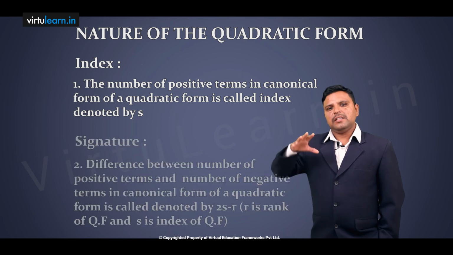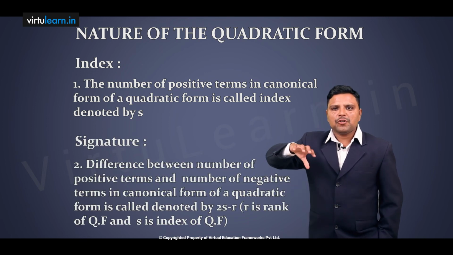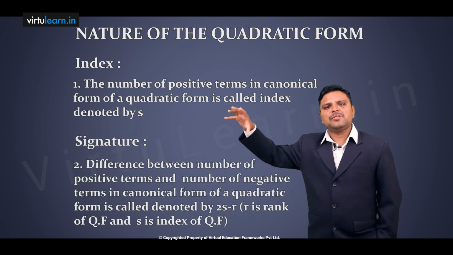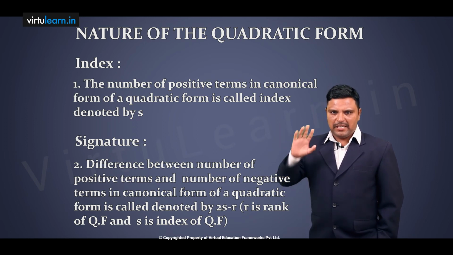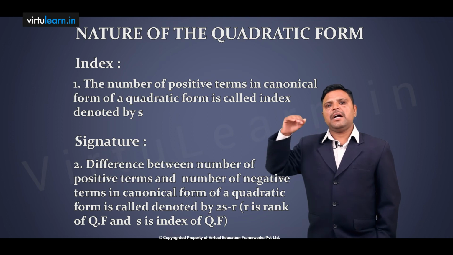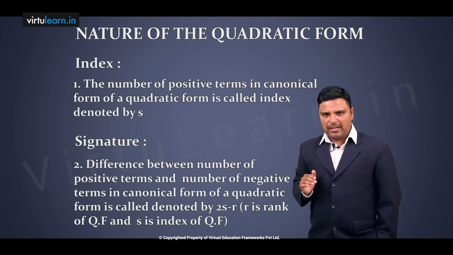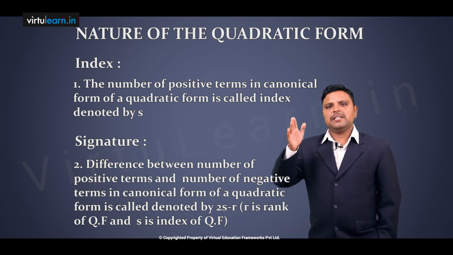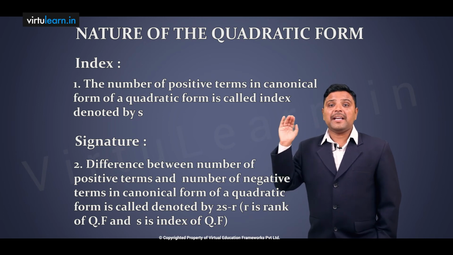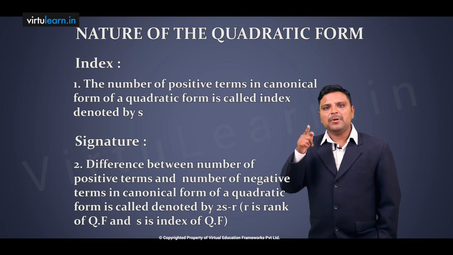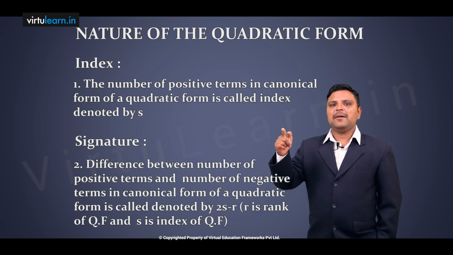Next, the difference between the positive and the negative terms in the canonical form is called the signature of the quadratic form. It is denoted by 2s minus r. 2 into s is nothing but index, minus r.